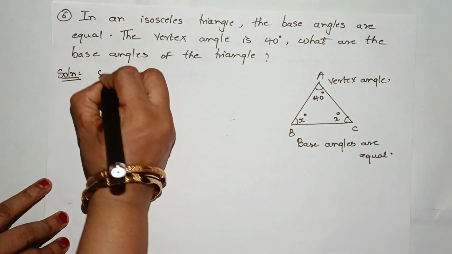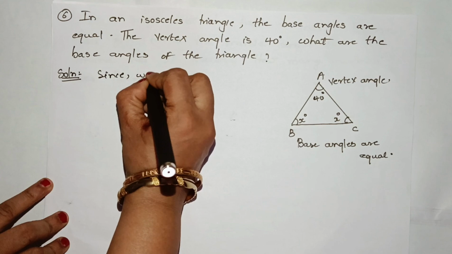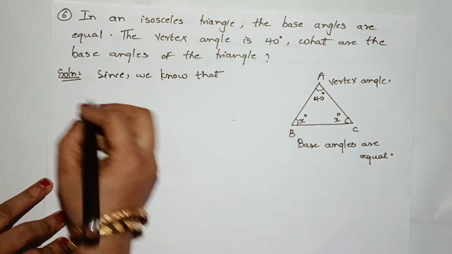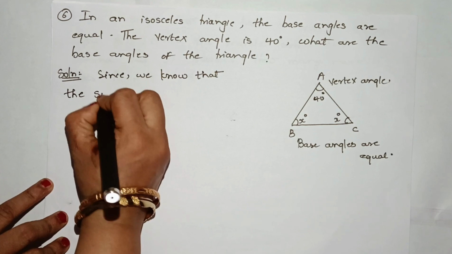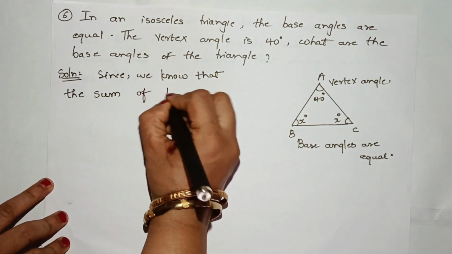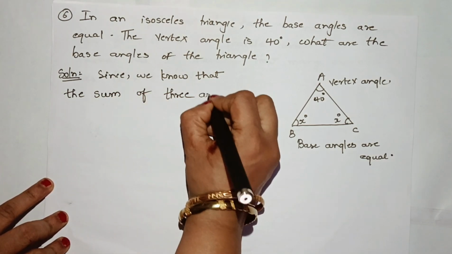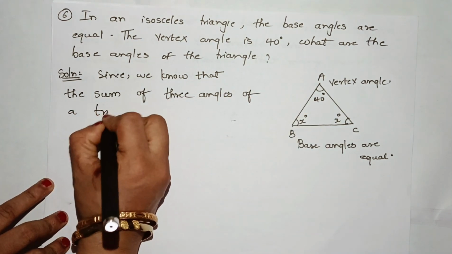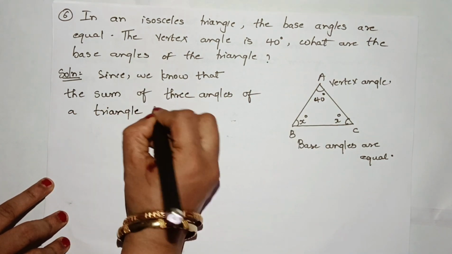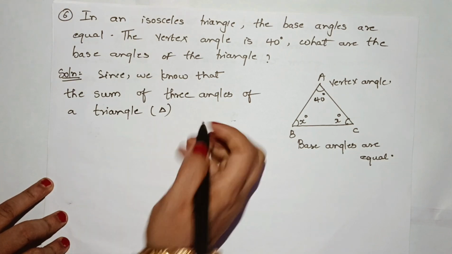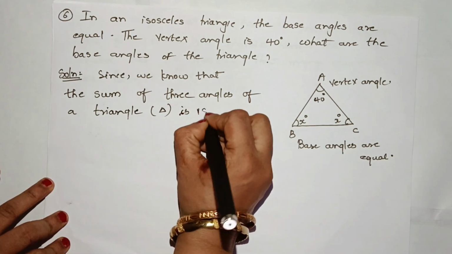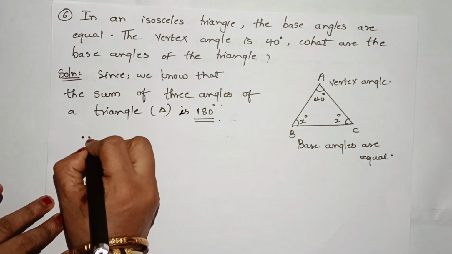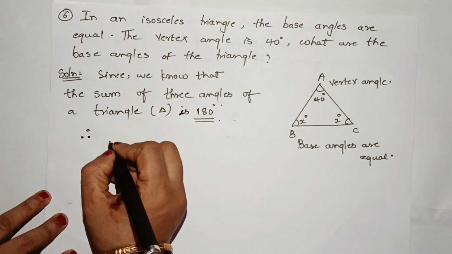Solution. Since we know that the sum of three angles of a triangle is 180 degrees, first and foremost, what should I write?